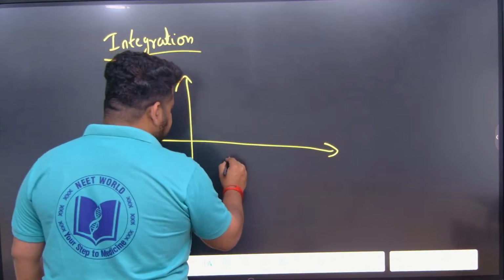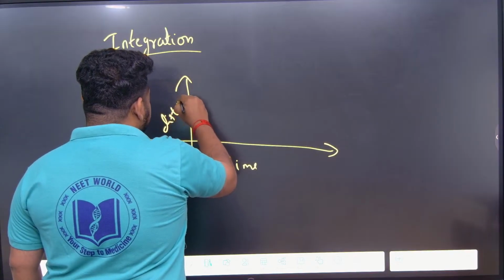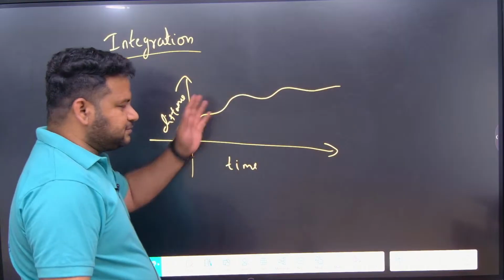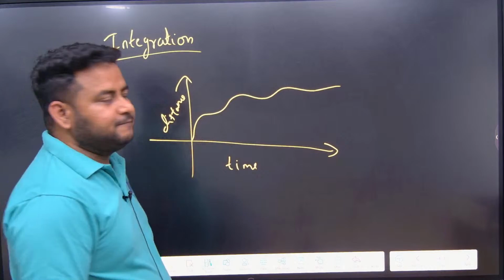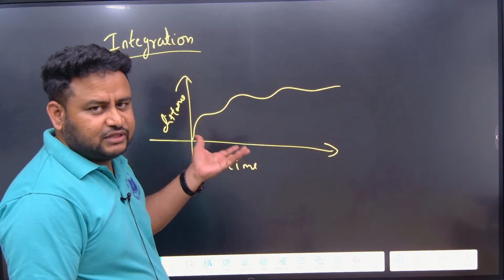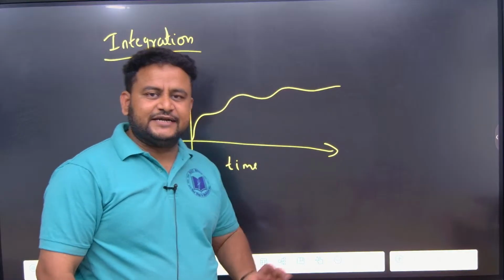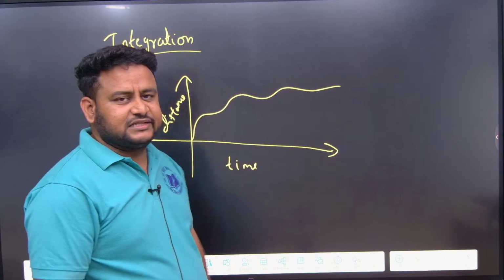Suppose I take this as time and this as distance. If there is no uniform speed, the curve will be like this. Now I want to know how much area the car has covered. If it is a circle, I know the area, that is pi r square. For a rectangle, the area is length into breadth. For a square, it is side square. But if I have a curve like this, how do I find the area?